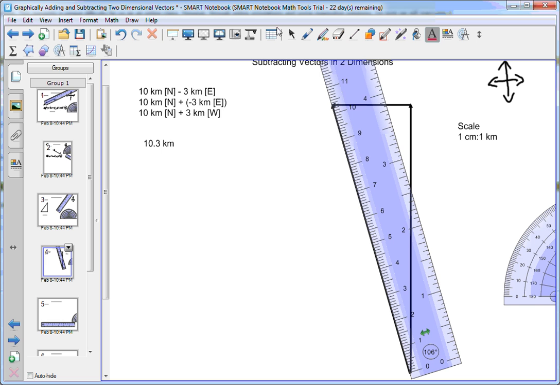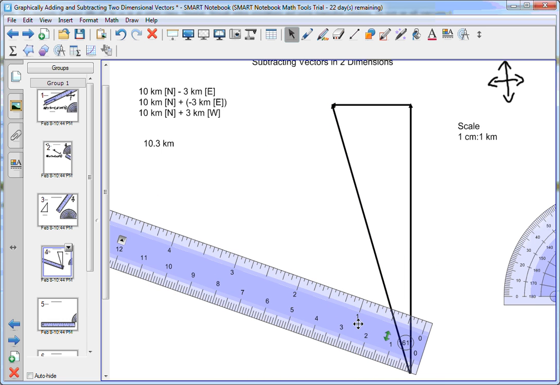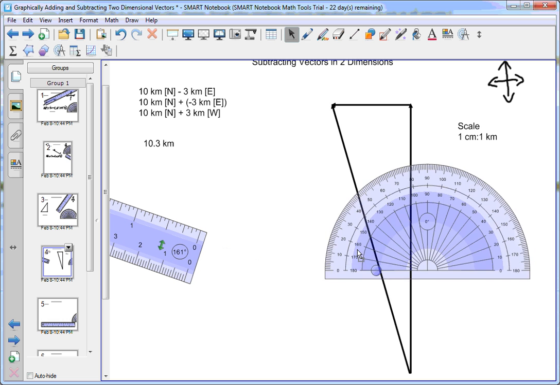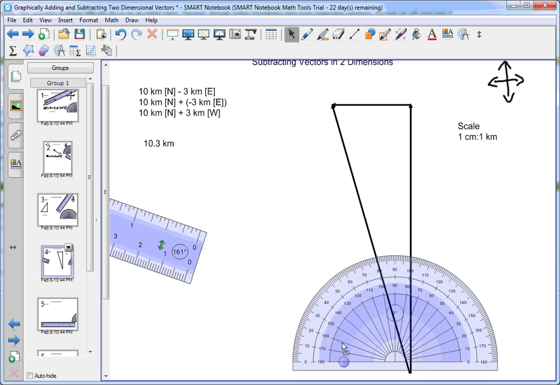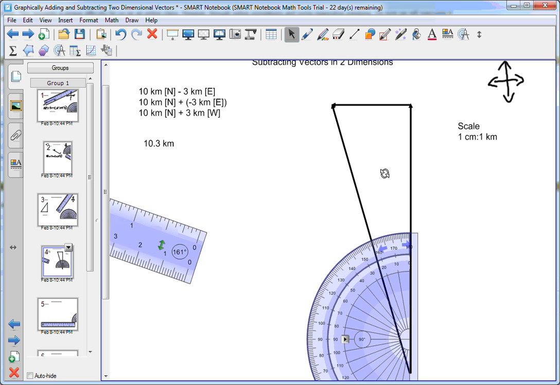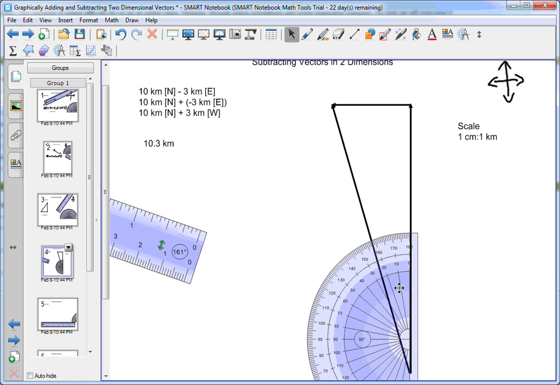And now I need to measure my angle. Just move the ruler out of the way, put my protractor in, spin it around, and line it up here.